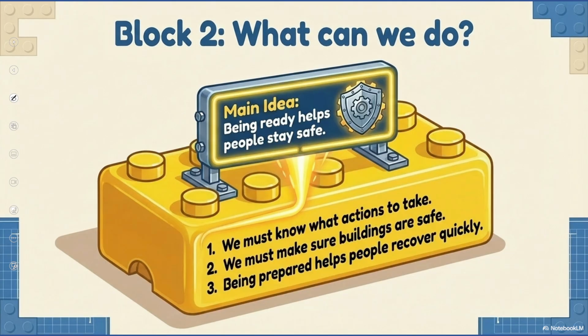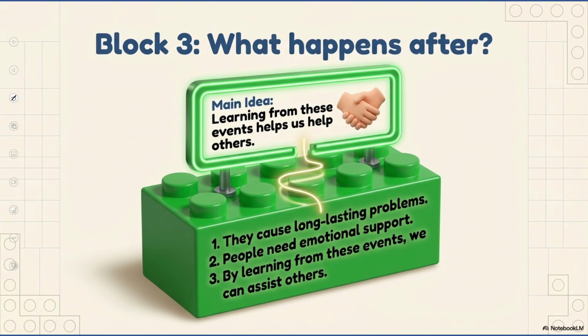Now this would be the main idea of the second paragraph, in which we will be discussing the actions to be taken and how we can be safe whilst being in a building, and being prepared helps people recover quickly. So these are the points which we will be discussing in the second paragraph.